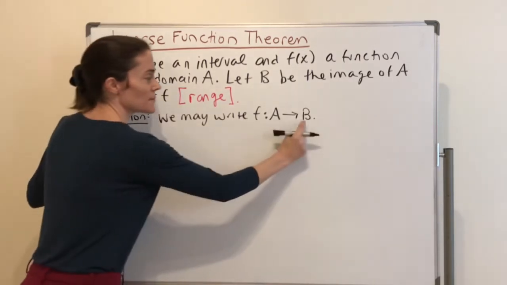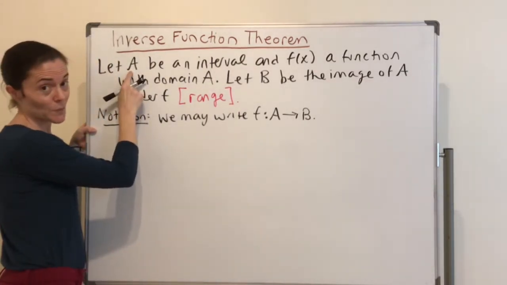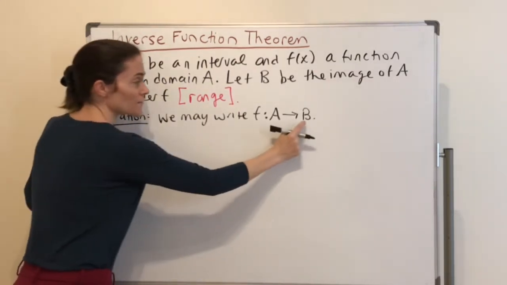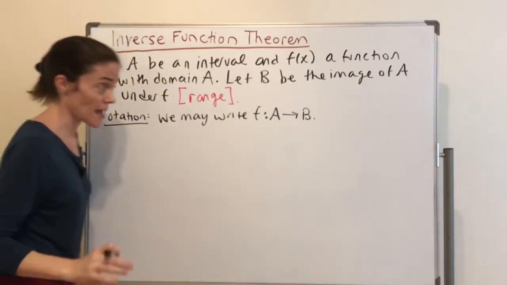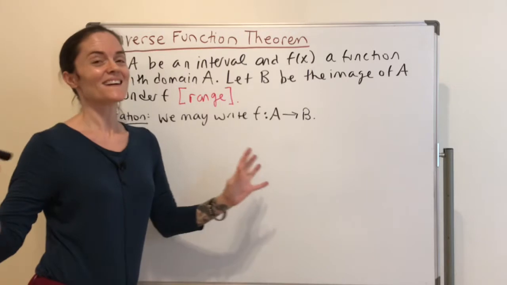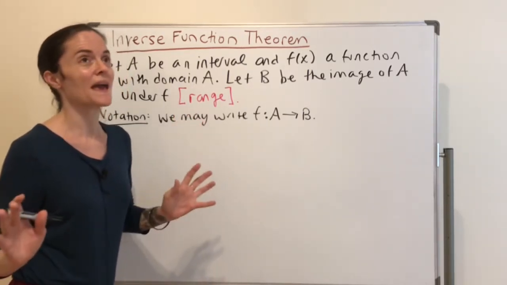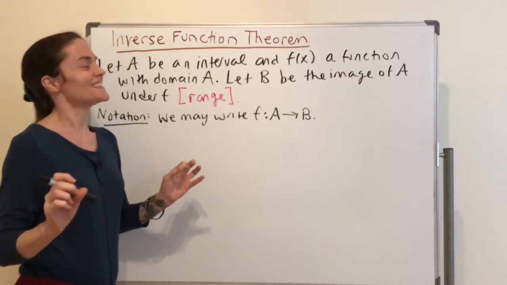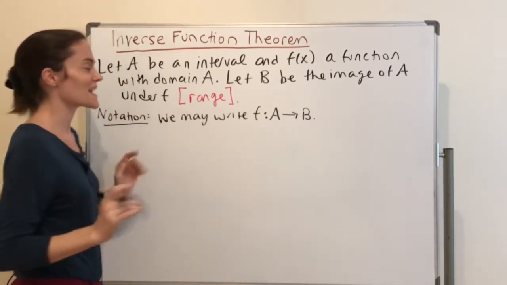This is a more general way to write a function. A doesn't have to be an interval, and B doesn't necessarily need to be the image of A. B could be larger than the image of A, sometimes called the codomain, but for the purposes of our discussion today, we will have this set up.